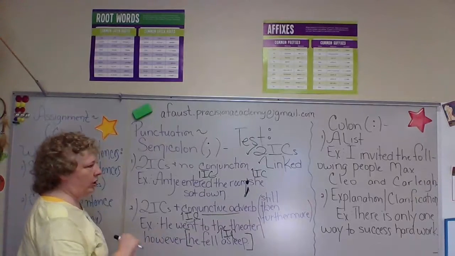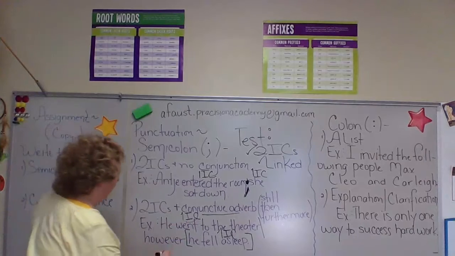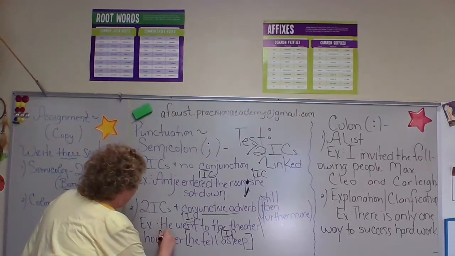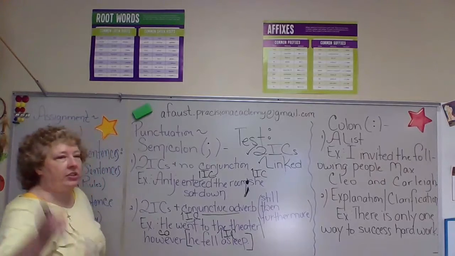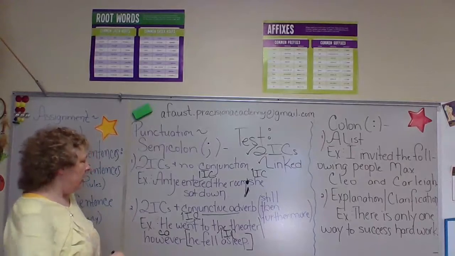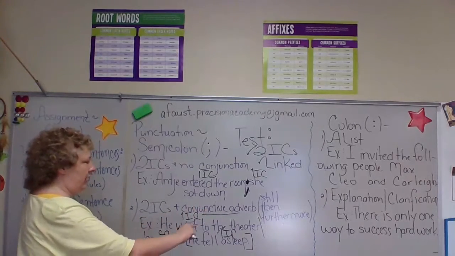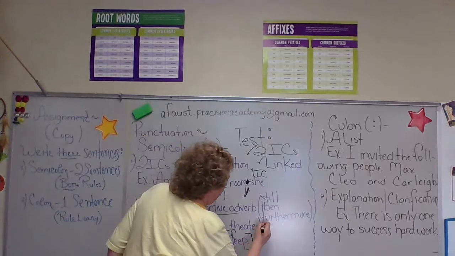Okay, so what do you think? What about this word? Yes, this is a conjunctive adverb. So for our purposes today, we'll call it CA. Okay, so think to yourself, where would I put the semicolon? He went to the theater, however, he fell asleep. He went to the theater? Yes. So it's going to be right here.